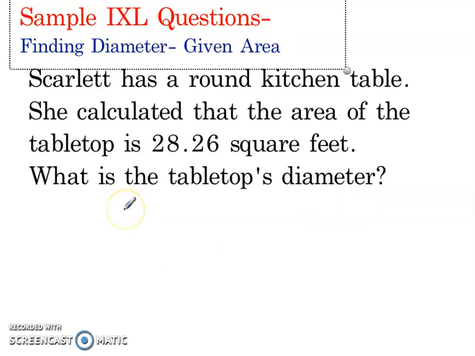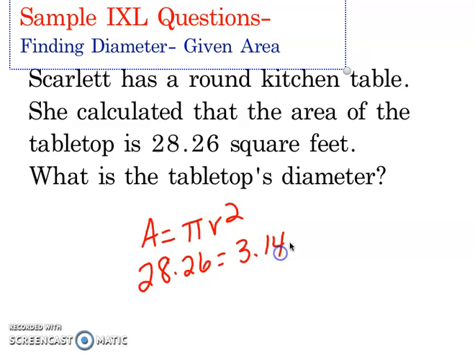Fourth example is going to be finding the diameter given the area. So Scarlett has a round kitchen table. She calculated the area to be 28.26. We need the diameter. So we know area is pi r squared. So we have 28.26 equals 3.14 times the radius to the second power.